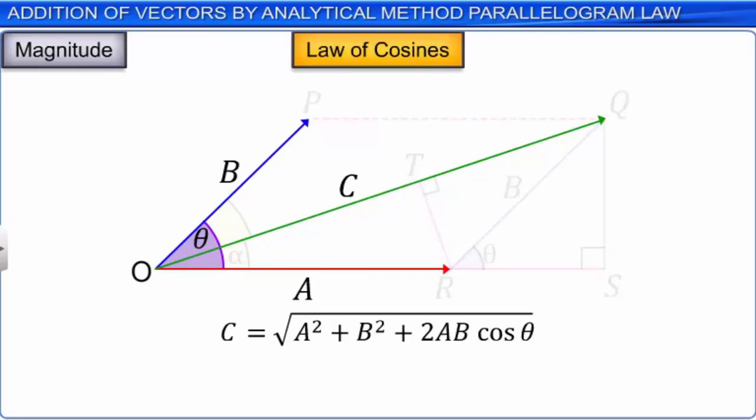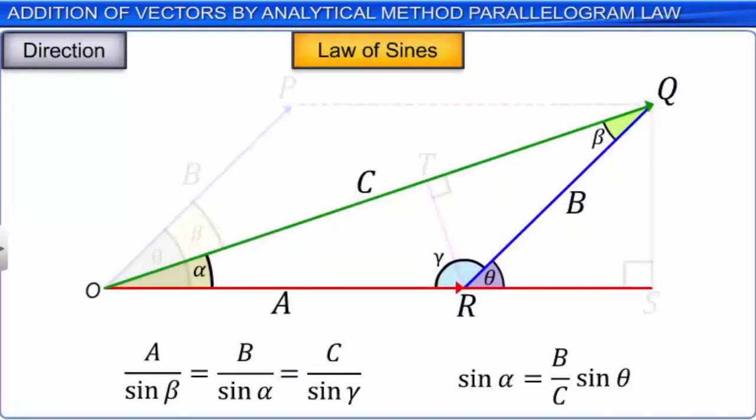This equation is known as the law of sines. Sin alpha is equal to B by C into sin theta. From this equation, we can find the direction of the resultant vector C. Tan alpha is equal to B sin theta by A plus B cos theta. From this equation 16, we can find the direction of the resultant vector C.